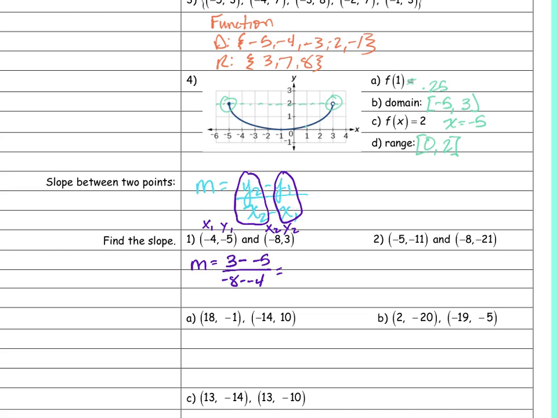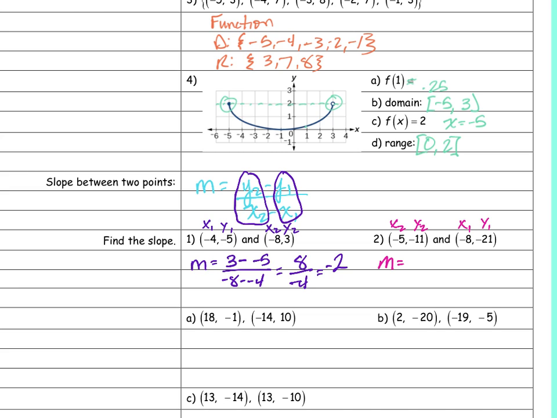Please make sure you're asking questions if you need them. 3 minus 8 over negative 4, which equals negative 2. Okay. Same thing with the other one. Now I could change it. I could say this is x2, and this is y2, and this is x1, and this is y1. Okay, it doesn't matter which one I call them.